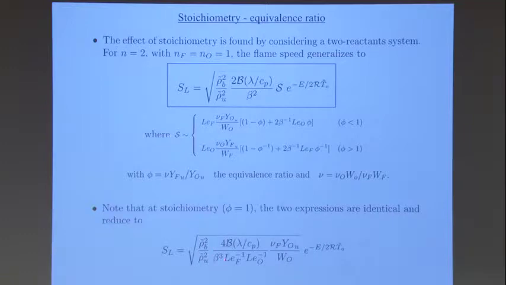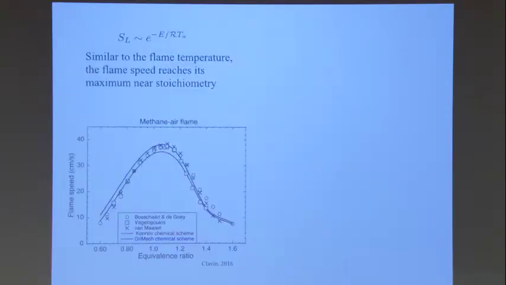Also, there is a beta cubed as opposed to a beta squared in the previous relation, and this is due to the fact that in the reaction zone, both the fuel and the oxidizer are consumed, and each contributes a beta minus 1 factor to the expression. So this is one of the generalizations.